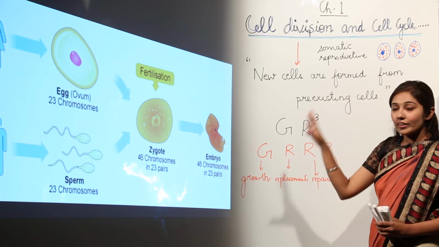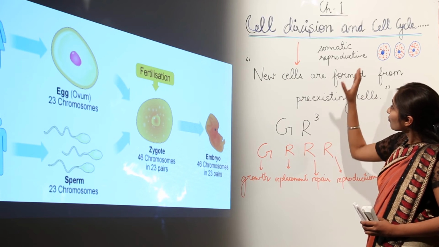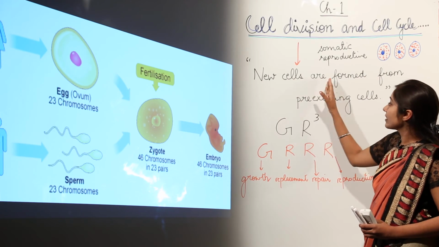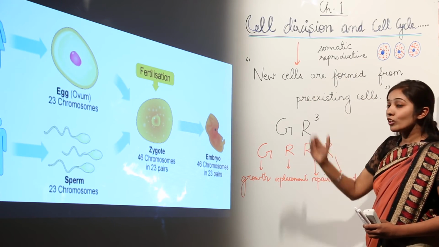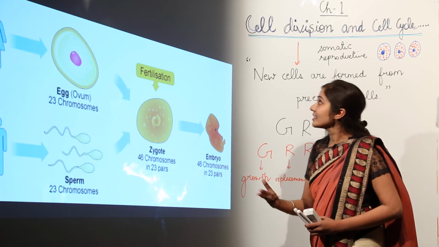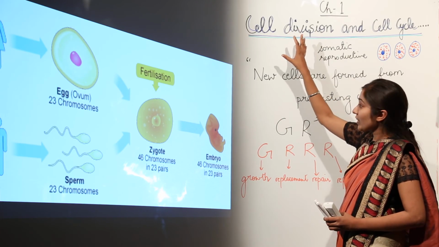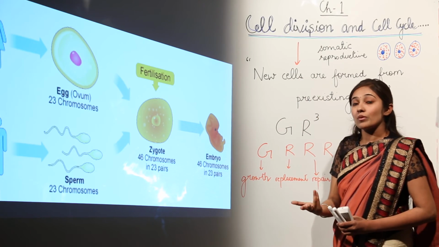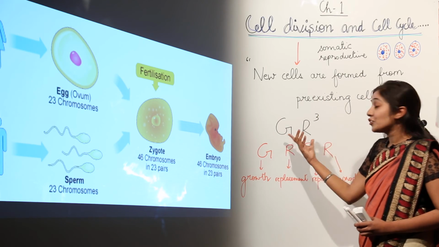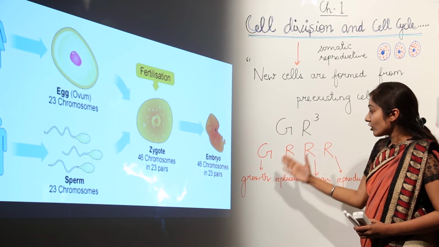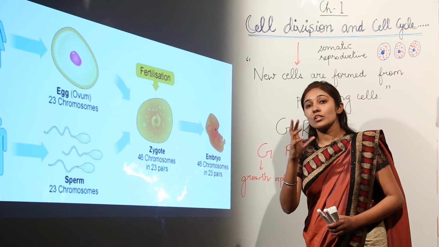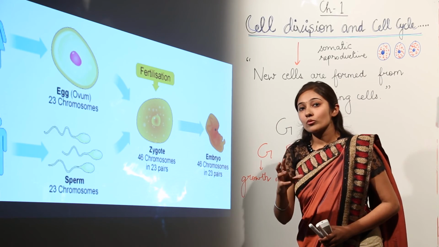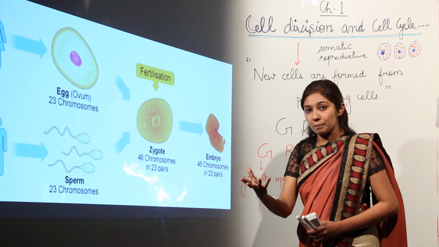So let me recall again what we have done so far. We have studied that new cells are formed from pre-existing cells, and this formation of new cells from pre-existing cells is known as cell division. Why do we need cell division? Why do the cells need to divide? The answer is GR cube. G is for growth, because we all know that cells are going to form tissues, tissues are going to form organs, and organs are going to form a complete organism.